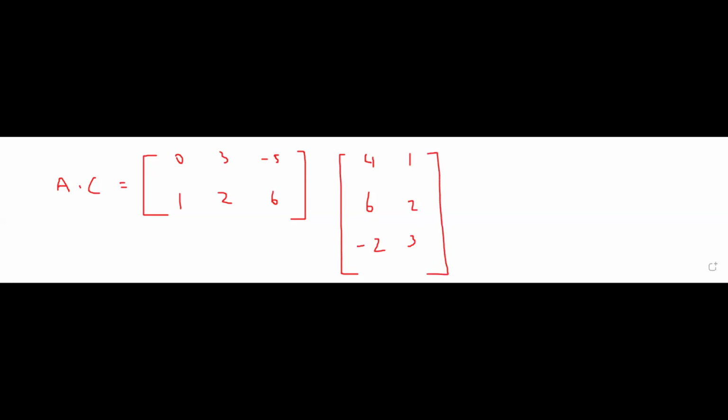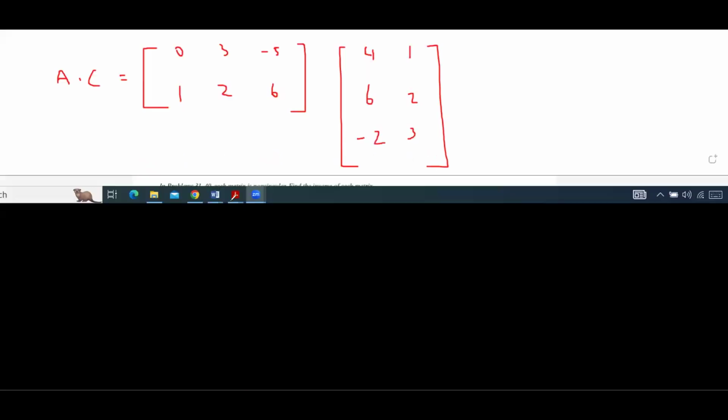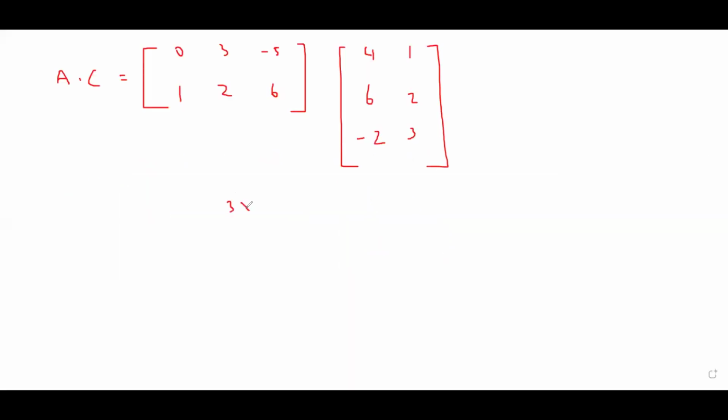So the sizes of these matrices are 3 by 2. Oh, sorry, 2 by 3. 2 rows, that's the number of rows and number of columns. So we have rows, there are 2 of them. But the columns, there are 1, 2, and 3.